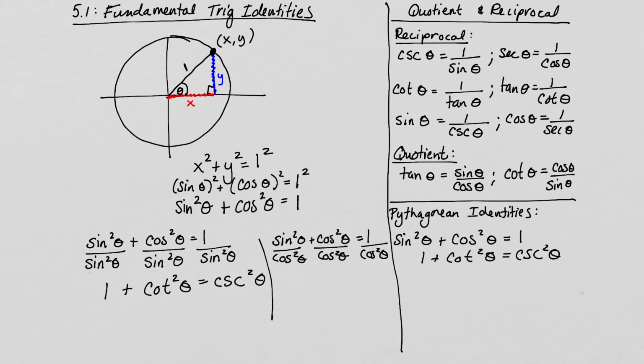So sine squared over cosine squared is tangent squared theta. So we get tangent squared theta plus 1 equals 1 over cosine squared theta, which is secant squared theta. So tangent squared theta plus 1 equals secant squared theta. Questions?